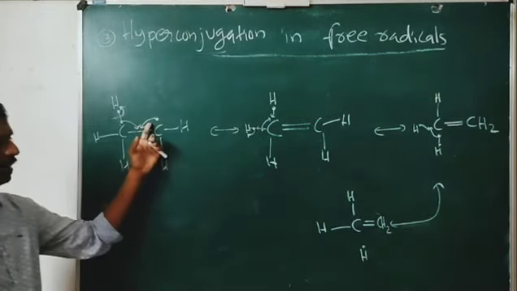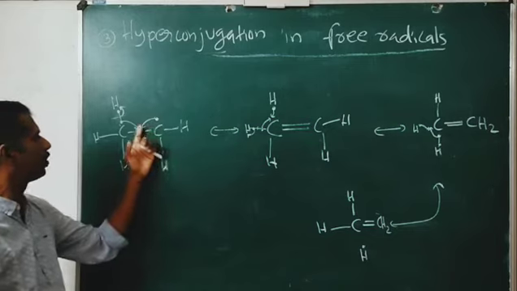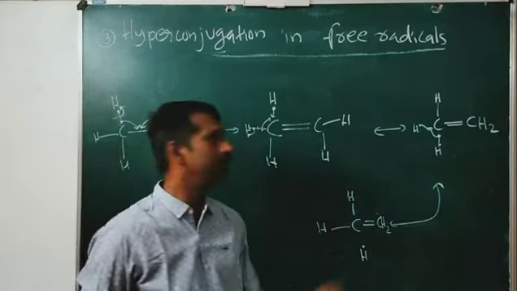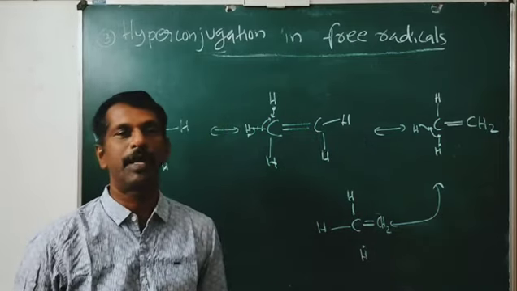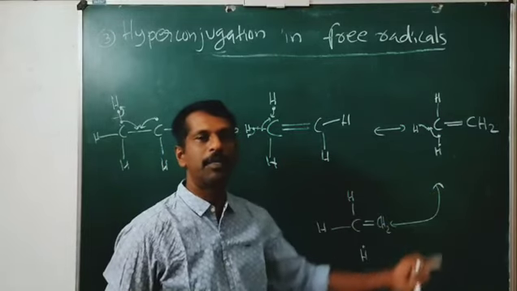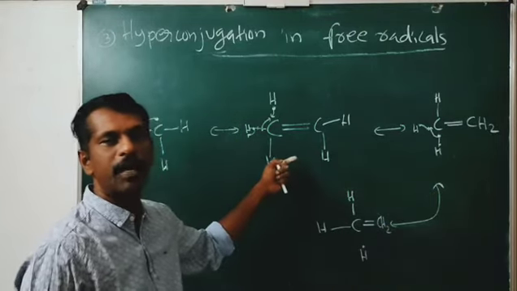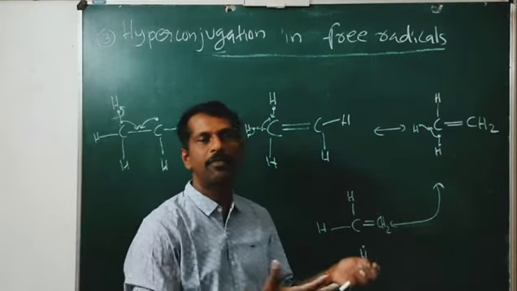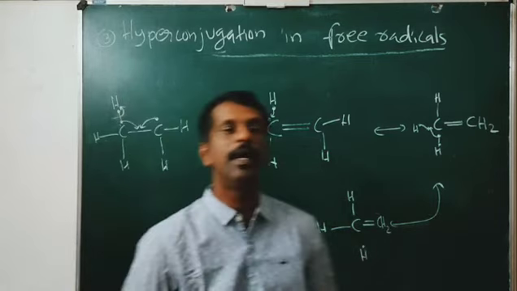That means this free radical is also stabilized by hyperconjugation, because many canonical forms are possible in the case of ethyl free radical. Therefore, this free radical is stabilized by hyperconjugation.